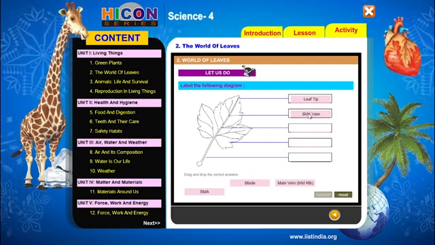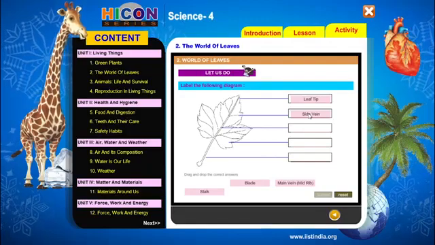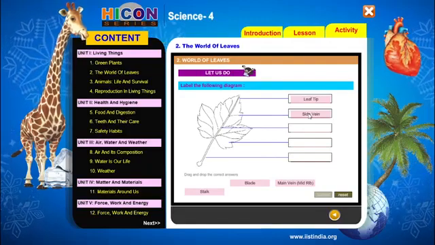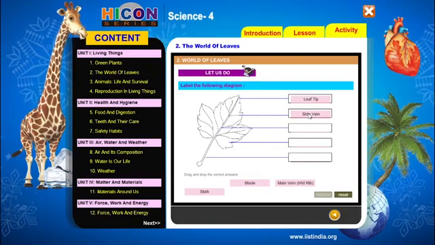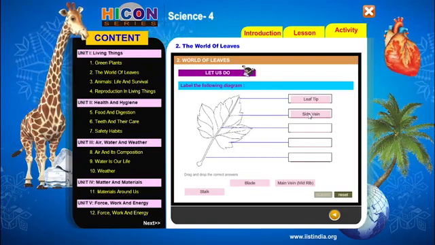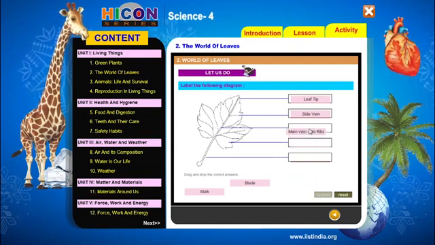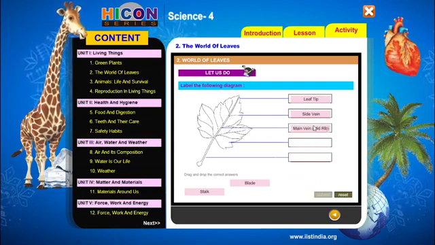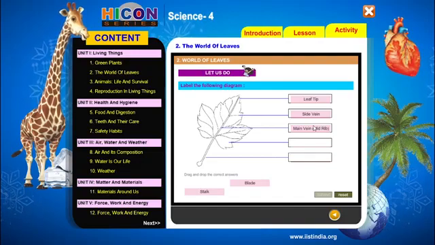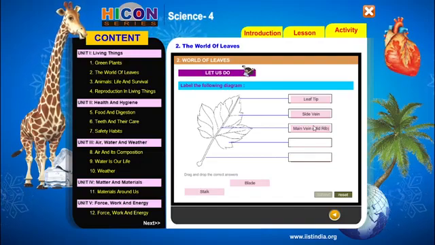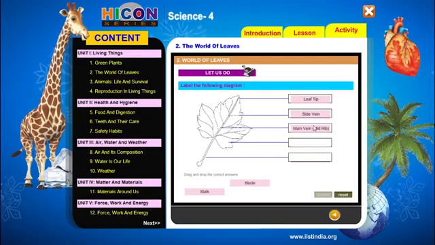Next, see the third one. The third one represents the thick tube which passes through the middle of the leaf. That is called the main vein or midrib. So write main vein in the third box.